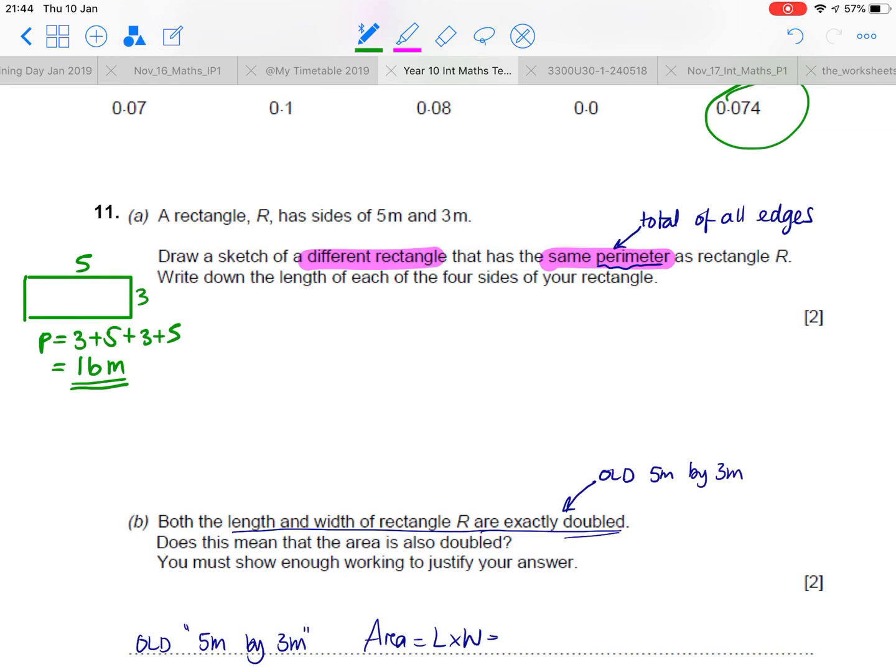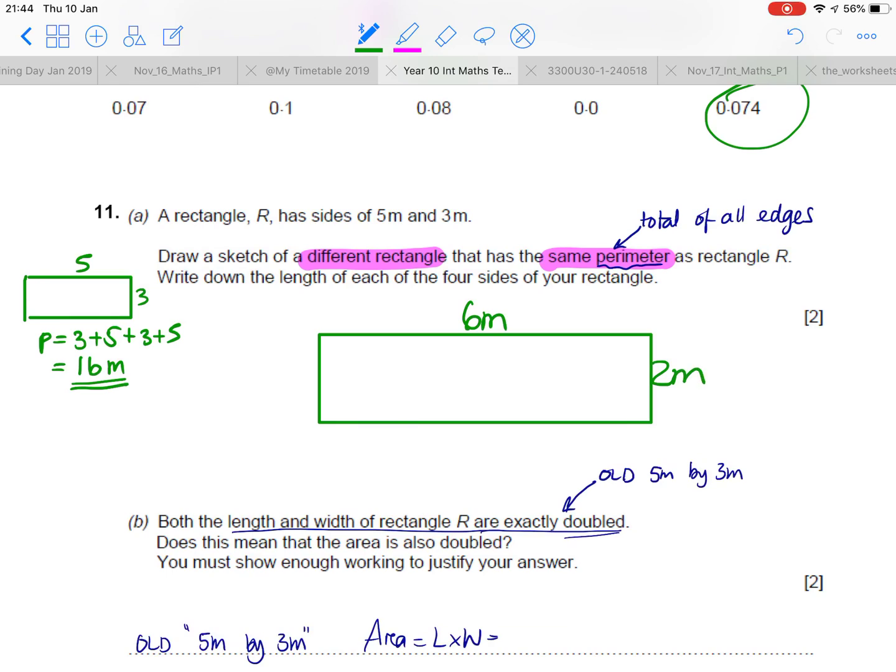And if we're going to draw a rectangle with the same perimeter, we're going to need it to have a perimeter of 16. So if we make it a 6 metre by 2 metre, the perimeter will be 6 plus 2 plus 6 plus 2, which is 16 metres.